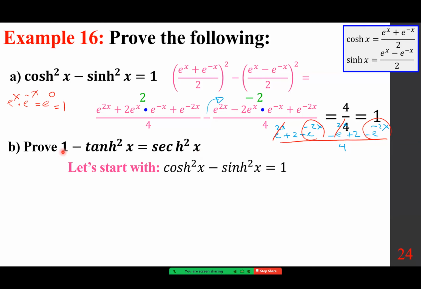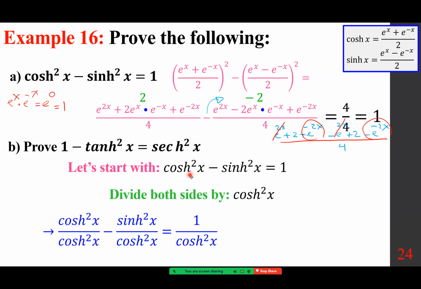We wanted to make it look like this. In order to make this 1, let's divide everything by cosh squared. Divide everything by the first term, cosh squared. This is 1.